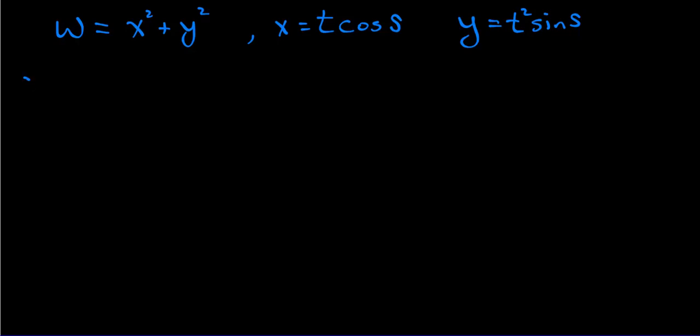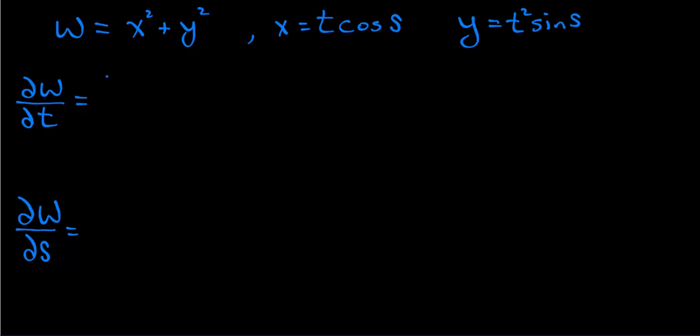Let's talk about the partial of w with respect to t. And also, we're going to talk about the partial of w with respect to s. So we're going to talk about those two separate situations. Now let's see what this would be. Partial w with respect to t.